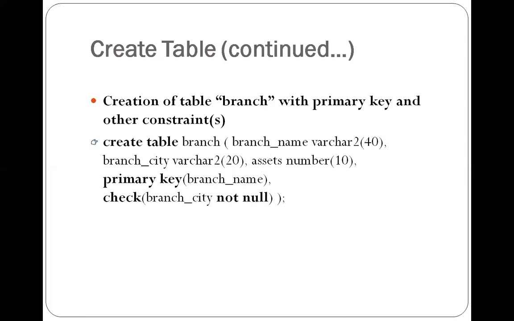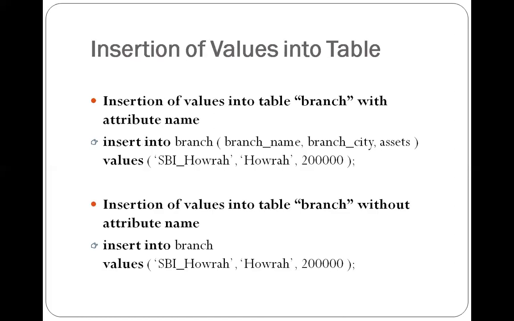Okay, next, after creating a table, we need to insert data. So using insert query, we can insert data or records in those tables. So we are considering the branch table on which we are inserting a record.